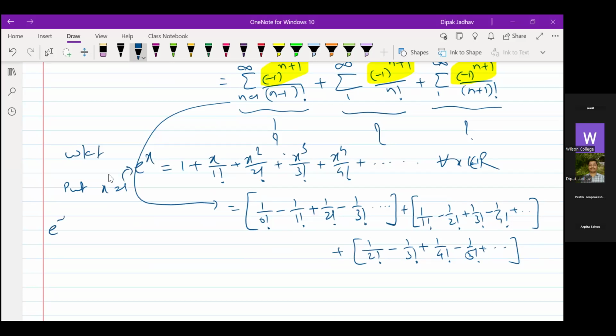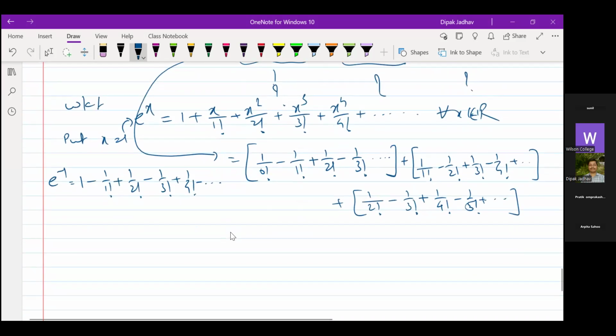What are you going to get? e raised to minus 1 equals 1 minus 1 upon 1 factorial plus 1 upon 2 factorial minus 1 upon 3 factorial plus 1 upon 4 factorial and so on. So here only you'll have your answer. You just have to adjust the terms. You'll get your answer: e raised to power minus 1.